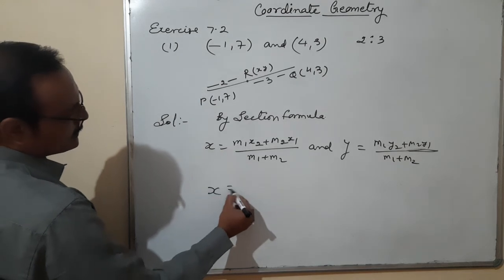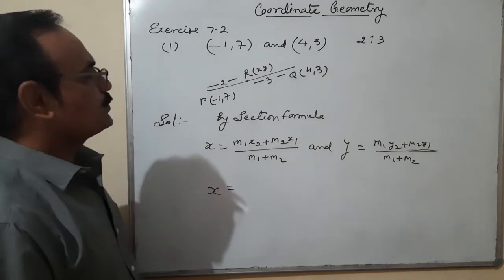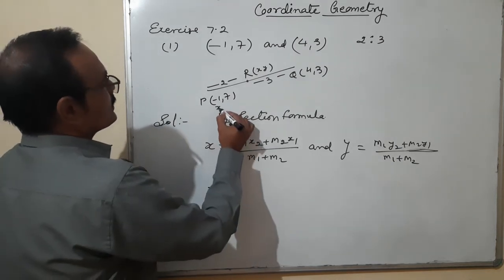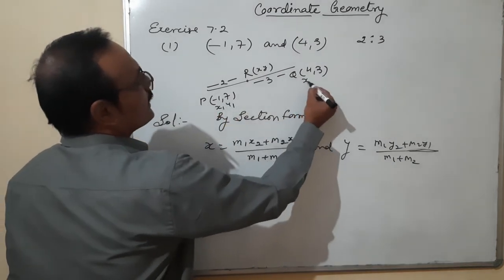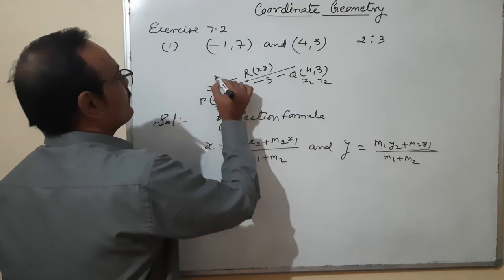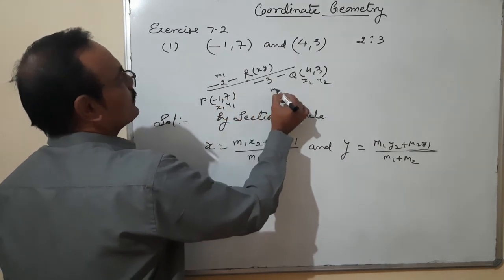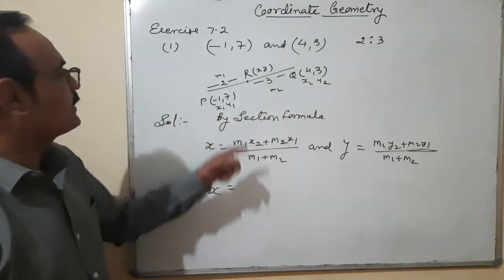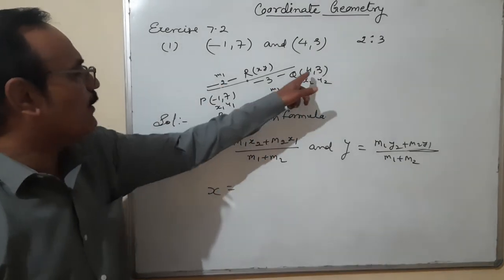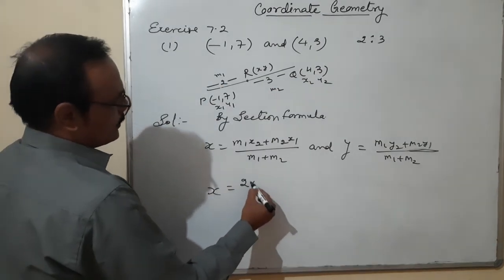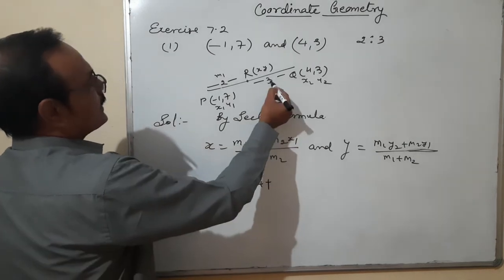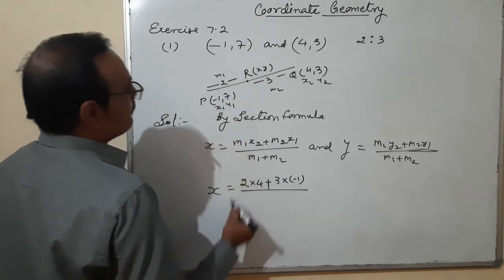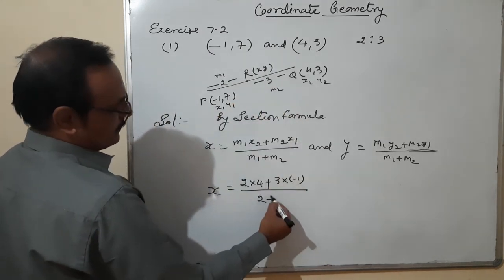Substitute the values. This is x1, y1; here is x2, y2; m1 and that is m2. As I told you with the diagram, when you put in the values directly, the first ratio 2 multiplied by 4, plus the second ratio 3 multiplied by -1, upon m1 plus m2, 2 plus 3.